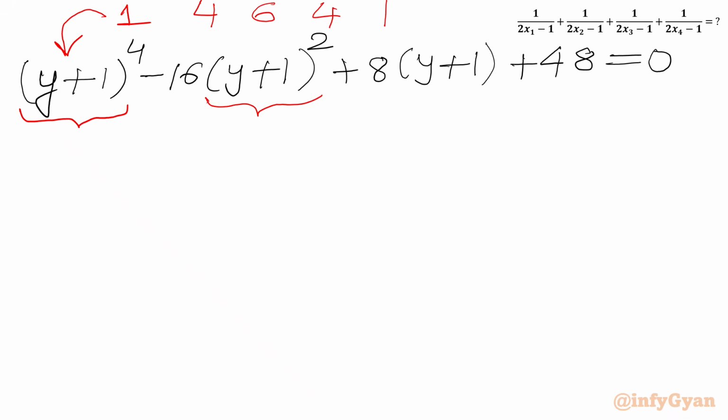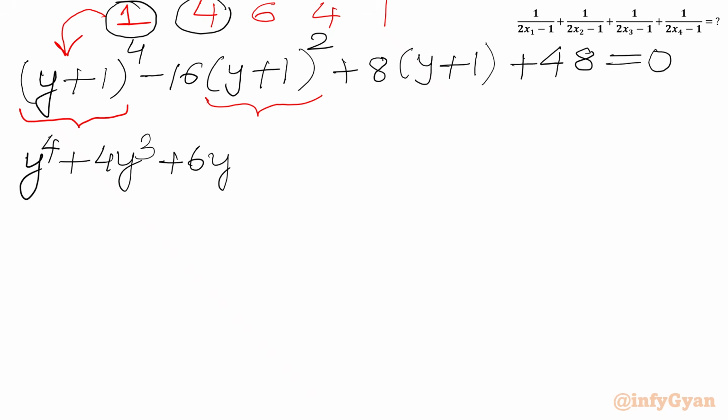So y plus 1 whole power 4 is y power 4 with coefficient 1, plus 4 times y cube, plus 6y square, plus 4y, and the last coefficient is 1, so we write 1.